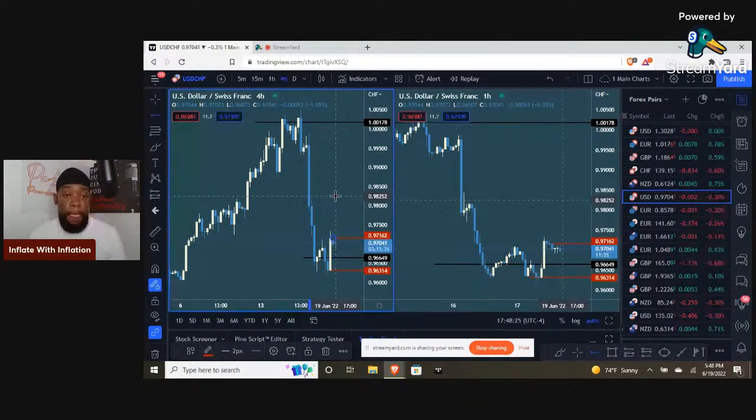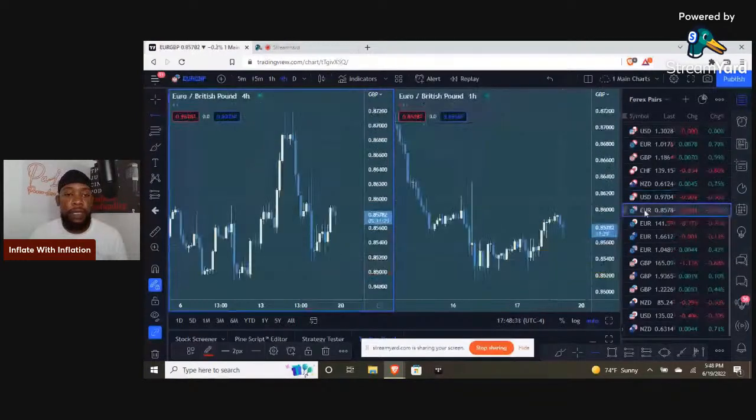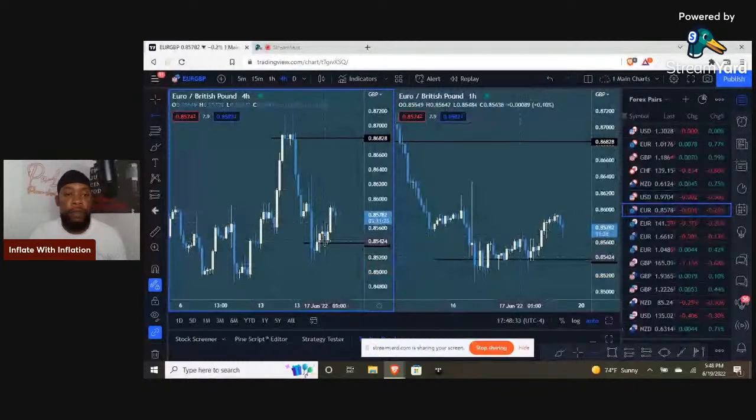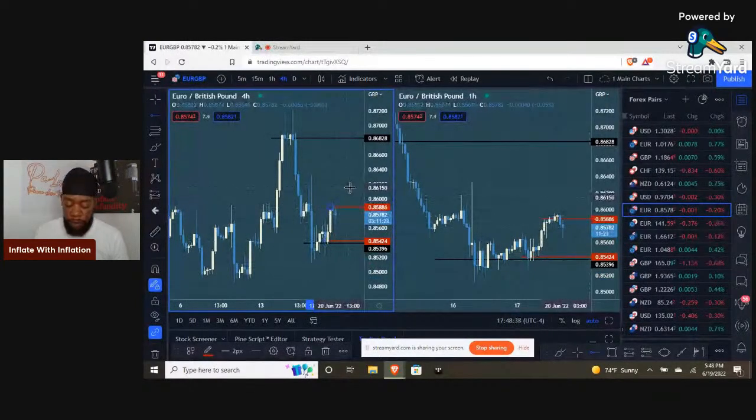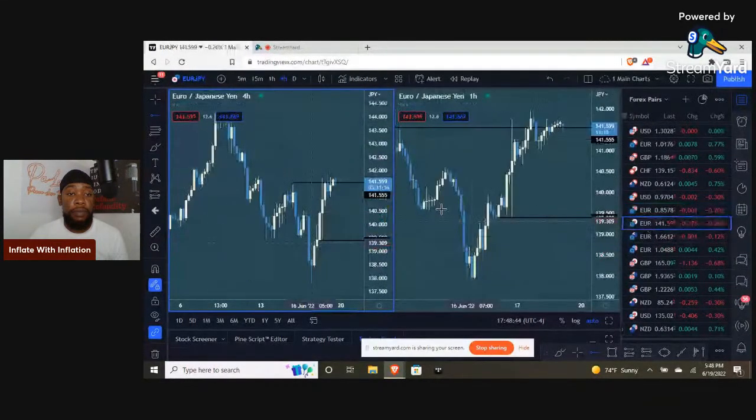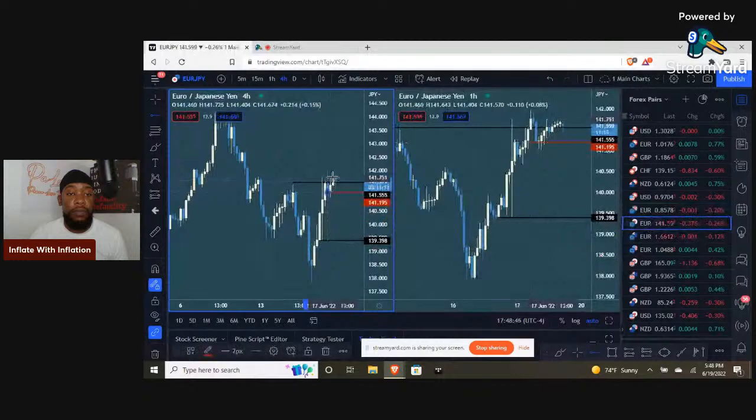It's +3. Looks like we don't got a market turn too. Find out. Euros buying, pound is selling. Euros buying, yen is selling.